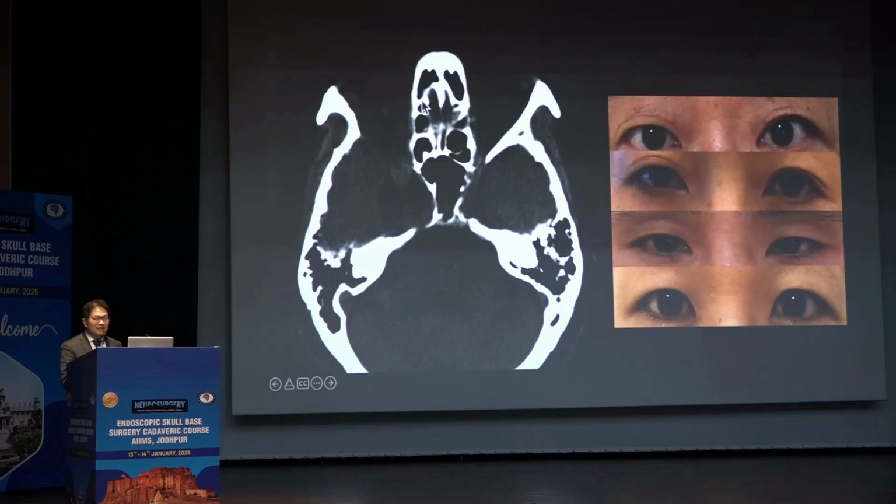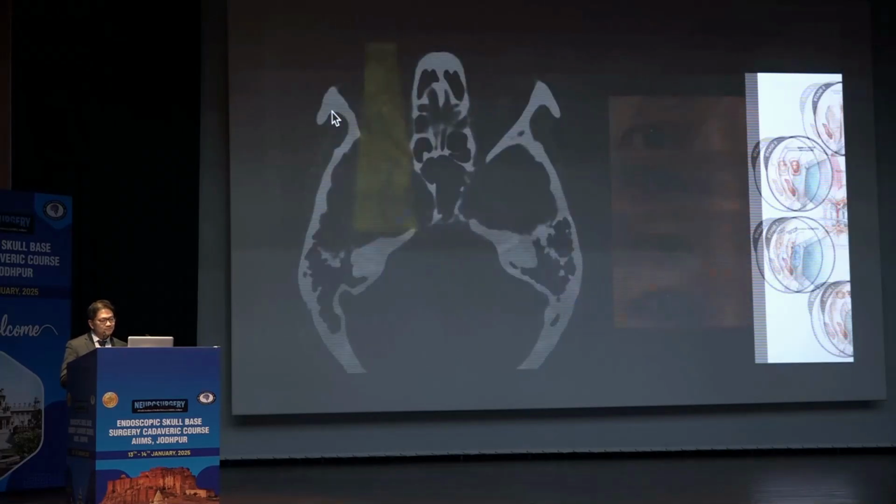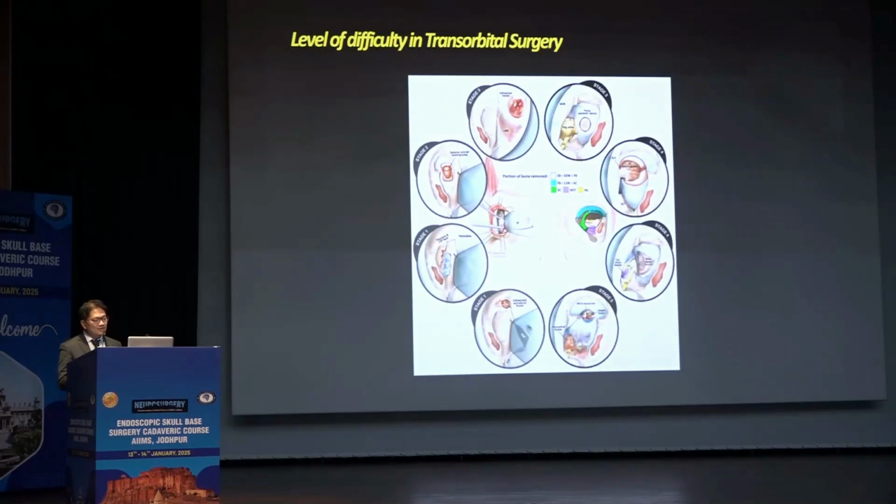So at the time, initially I didn't remove the lateral orbital rim, and there was no problem accessing the cavernous sinus lesions. But nowadays, for a little bit bigger tumor or meningioma cases, I strongly recommend removing the lateral orbital rim.